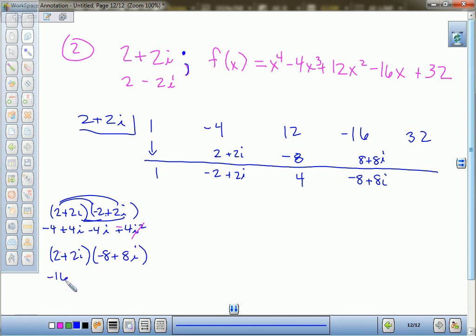And I get negative 16 plus 16i minus 16i, yay! And then plus 16i squared. But that i squared is going to make that a negative. These are going to cancel, and it leaves me negative 32. Check. It works.